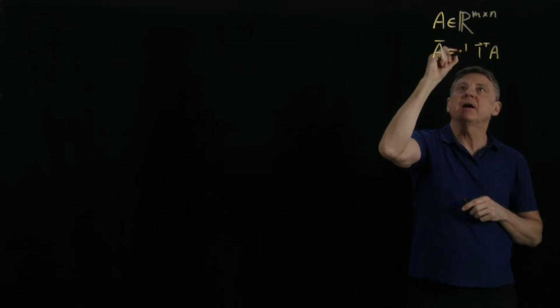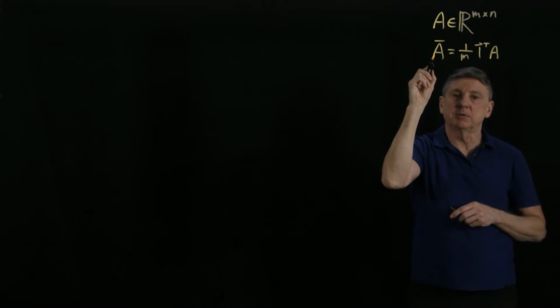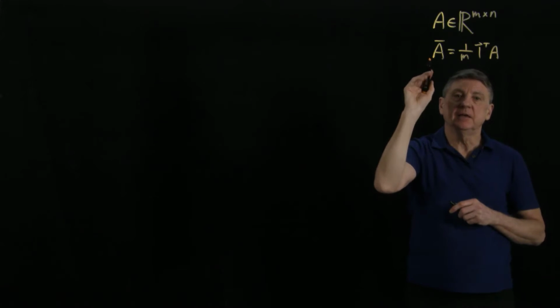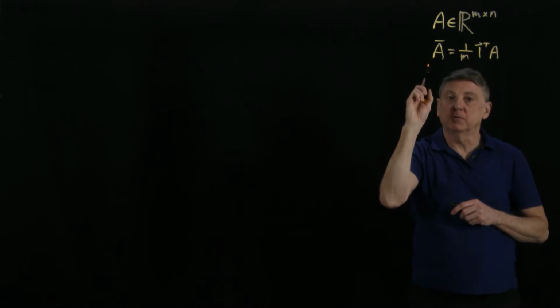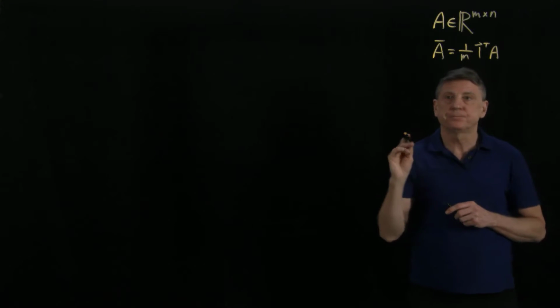And if we then divide that by the number of observations, this row-like object will contain the mean of column 1, column 2, column 3, and so on through column n.